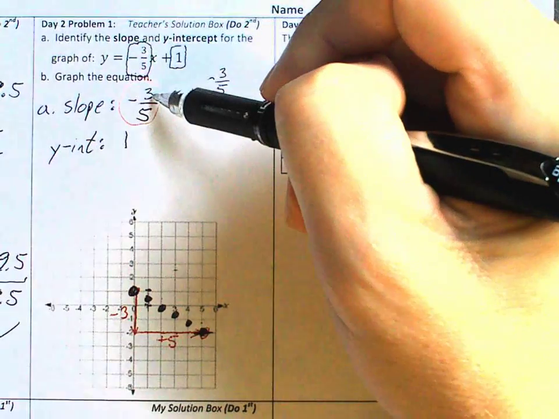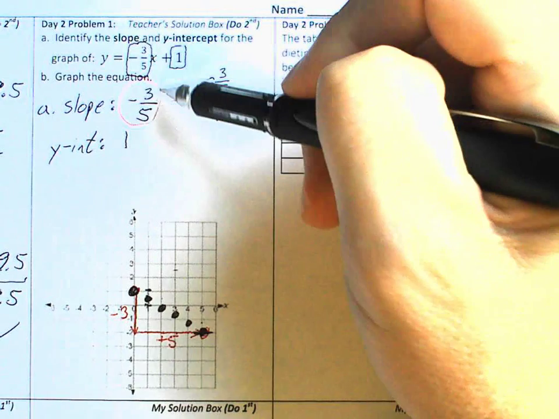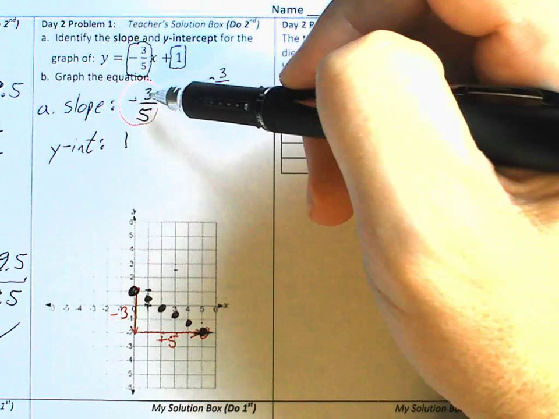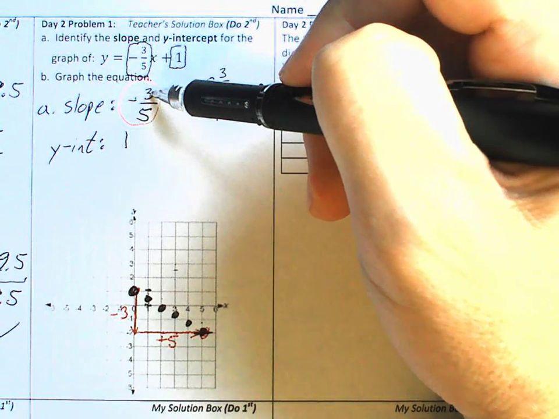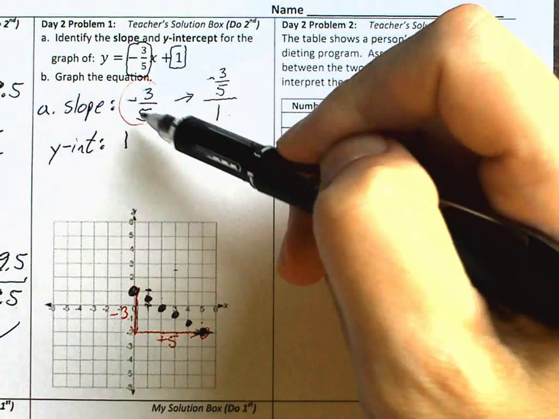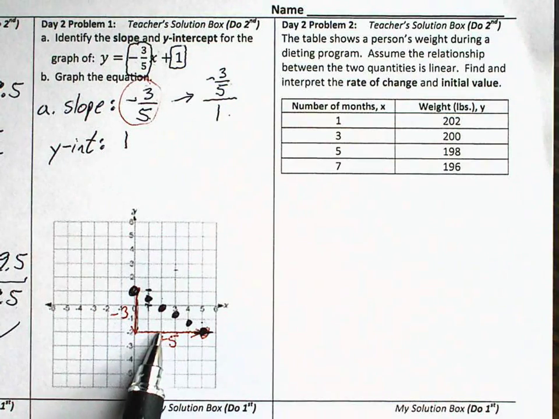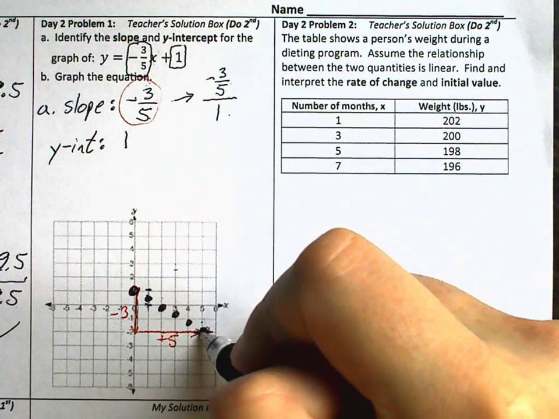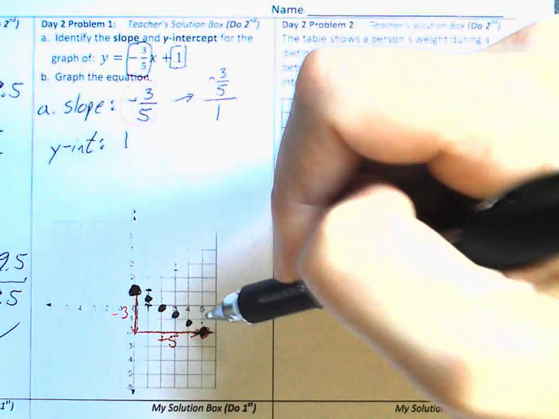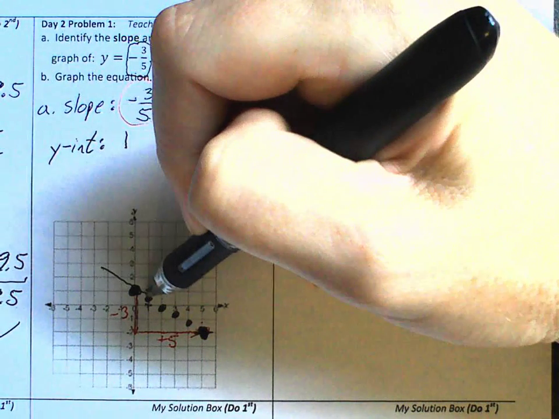Instead of thinking of this as negative 3/5 over 1, let's just leave it in the rate form of negative 3 over 5 and use the negative 3 as the change in the y value, meaning go down 3, and then use the 5 as the change in the x value, meaning go right 5. And that gets us another dot on the line. And so through this original dot, the y-intercept, and this dot here, we can draw the line.